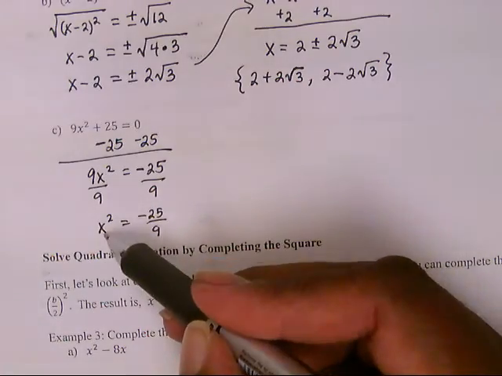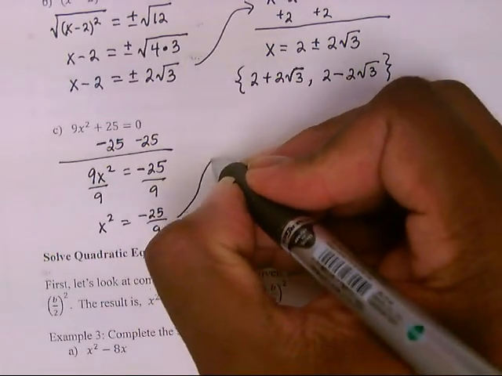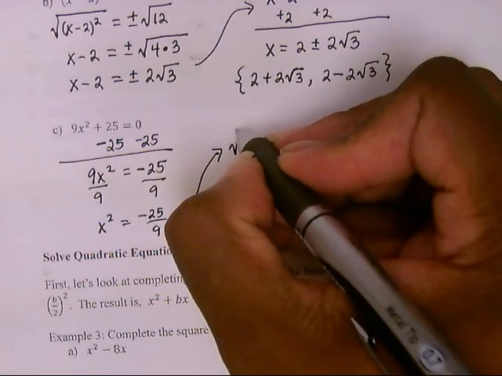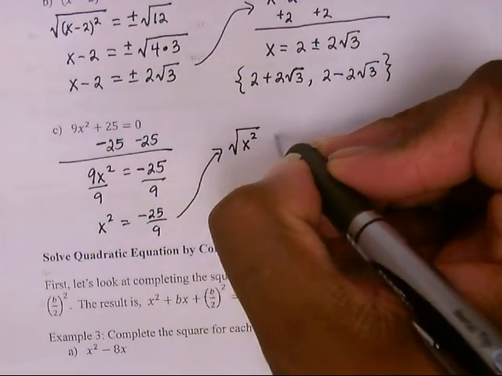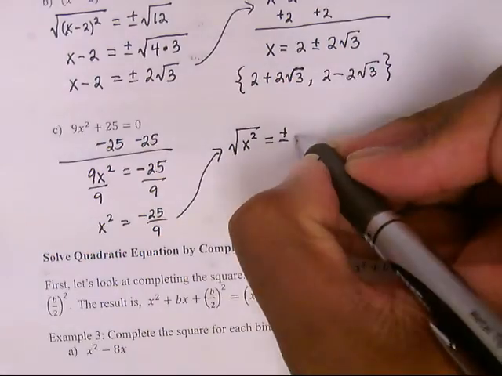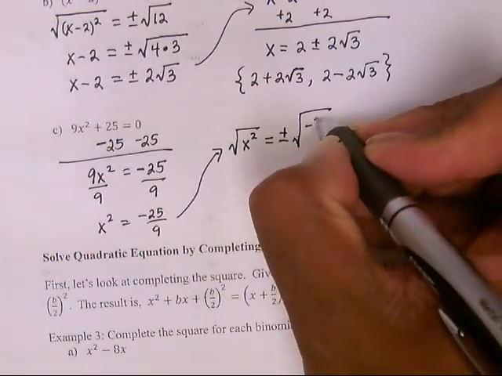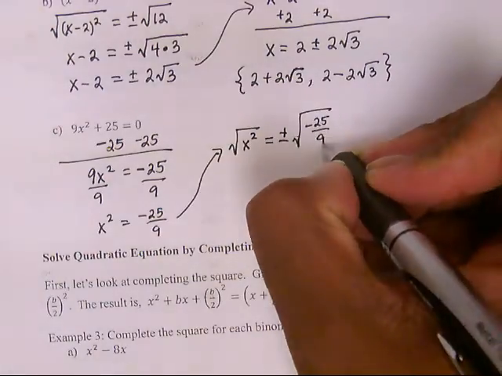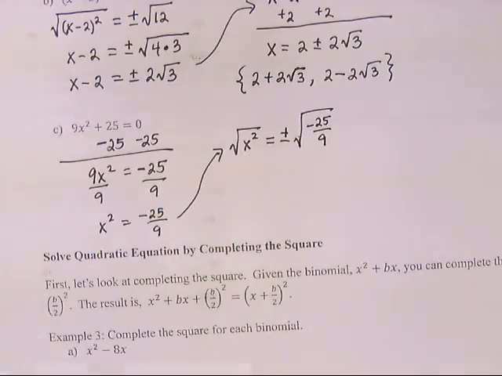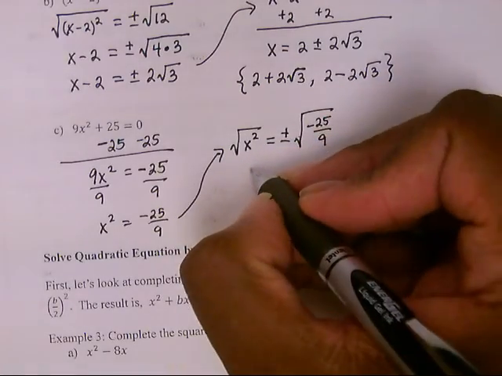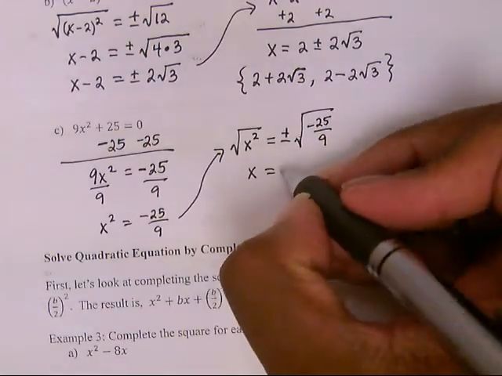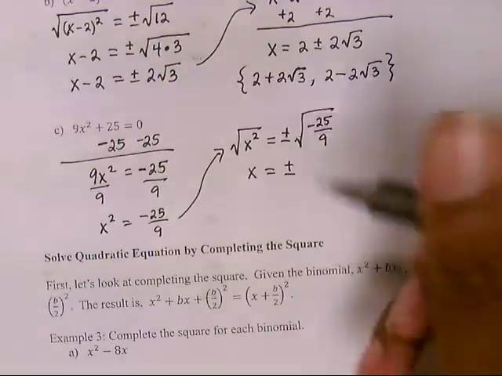But again, we're squaring the x, so we need to solve for x. To do that, the opposite of squaring something will be to take the square root on both sides. And again, we bring in plus or minus. And keep in mind, the negative 25 over 9 is all underneath that radical. So the square root of x squared would be x, and then that's equal to plus or minus.